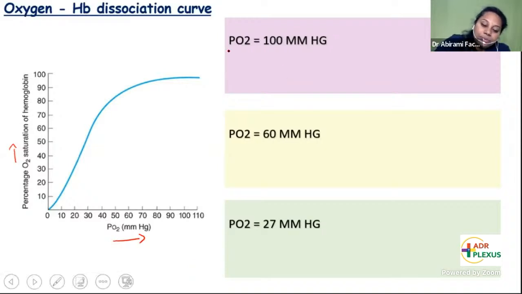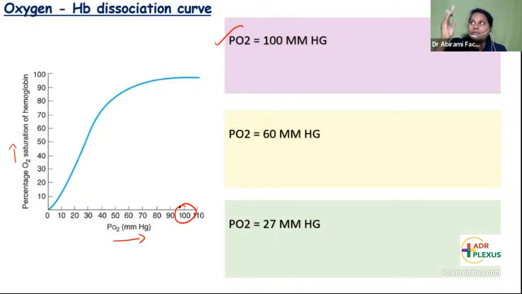At a partial pressure of 100 millimeters of mercury. What is this 100 millimeters of mercury? Partial pressure of oxygen in your arterial blood. So at this value of 100 millimeters of mercury on the x-axis, let's correlate on the y-axis with percentage saturation. So this comes up to 100% saturation.